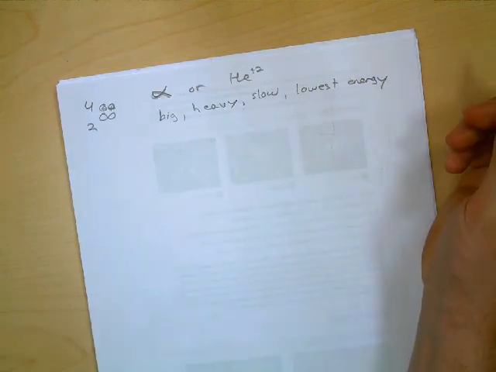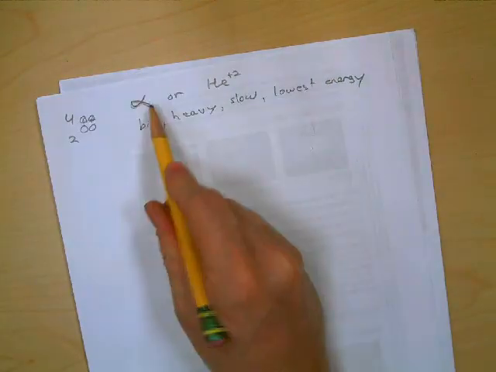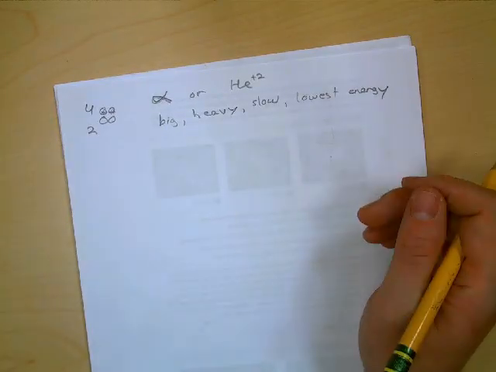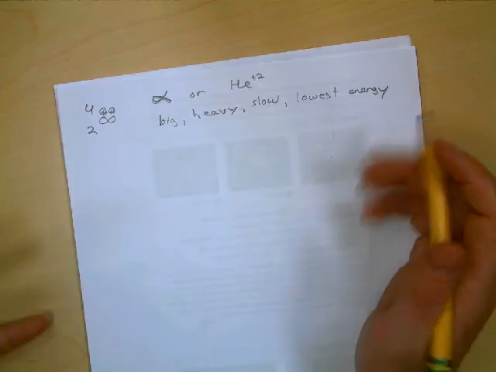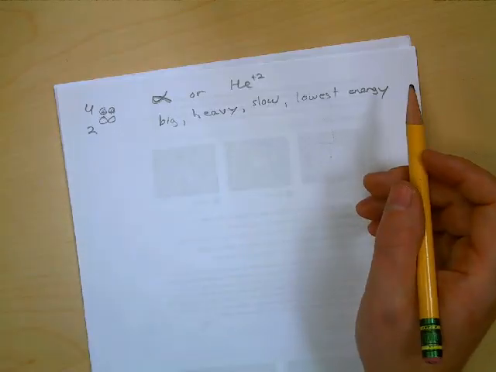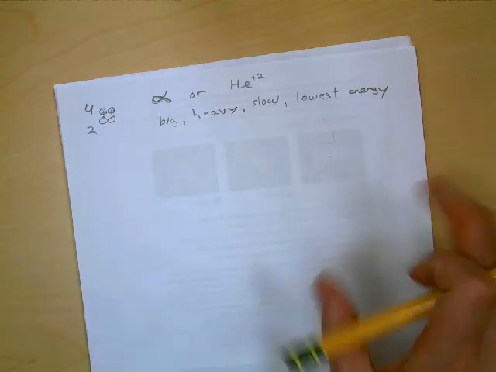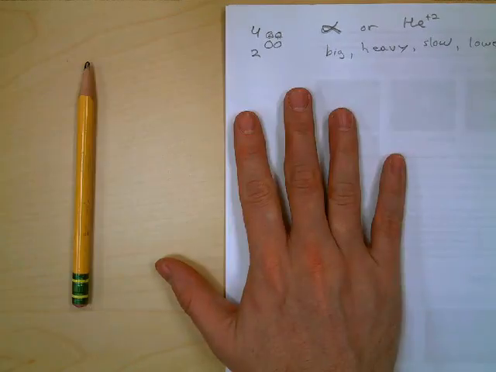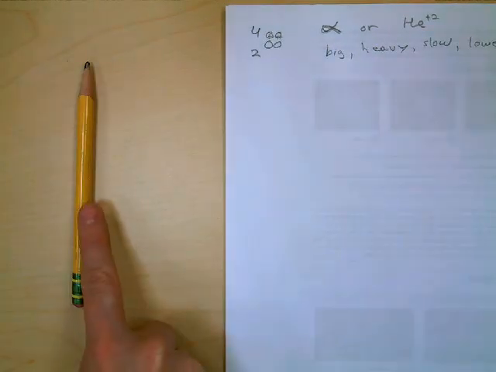Because of this, alpha particles tend to not be very dangerous. A lot of times when people talk about uranium or plutonium or other radioactive elements, and they talk about radiation, there's this idea that this is a pretty dangerous type. It's going to do damage to your body, etc. So to give you an idea, if this pencil was an alpha emitter, and I put this stack of papers here, though it might be shooting out alpha particles, they might make it this far.